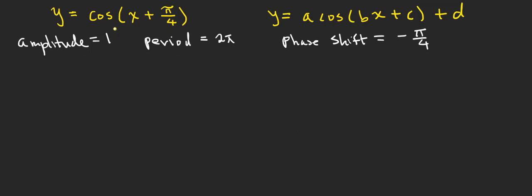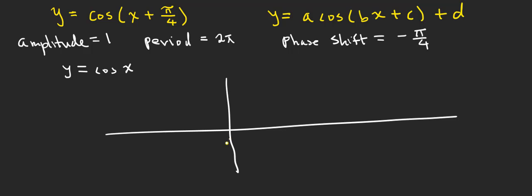So in order to sketch this, let's first sketch y equals cosine of x. Since the period is 2 pi, let's divide everything by 4. So you get 0, pi over 2, pi, 3 pi over 2, and 2 pi.